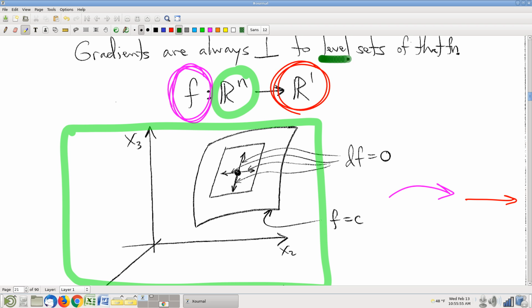So level sets live inside the domain. The gradient lives inside of the domain. So this statement, gradients are perpendicular to level sets, takes place in the domain of this function f.